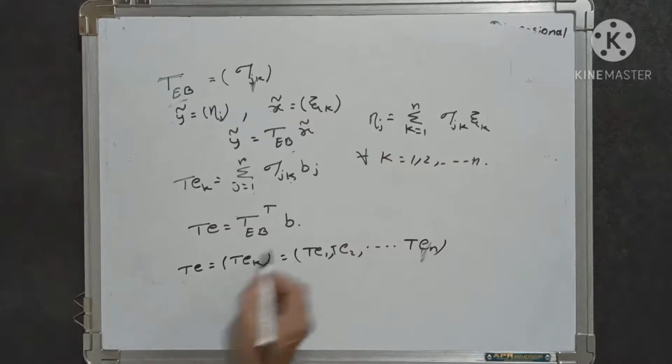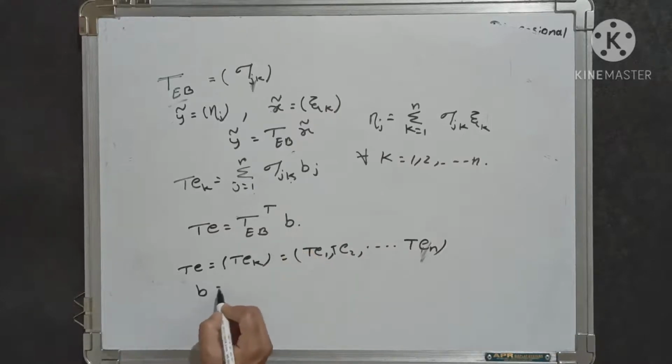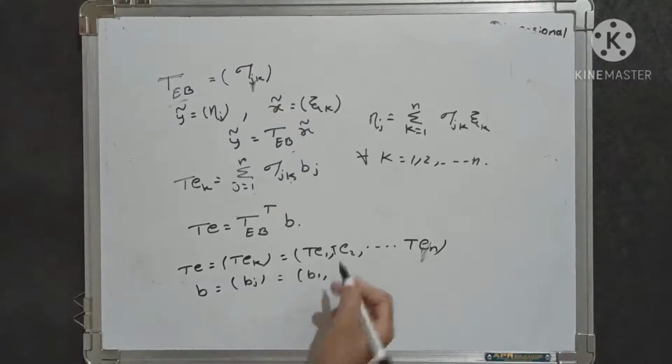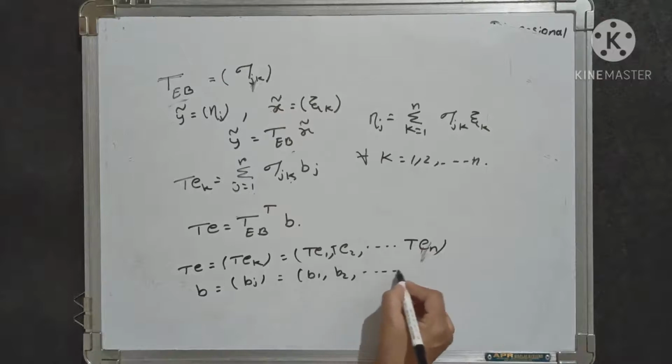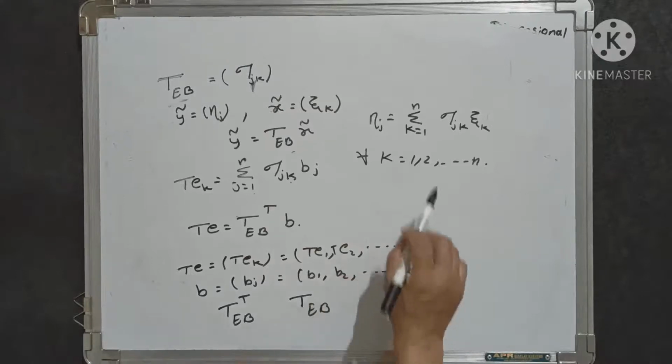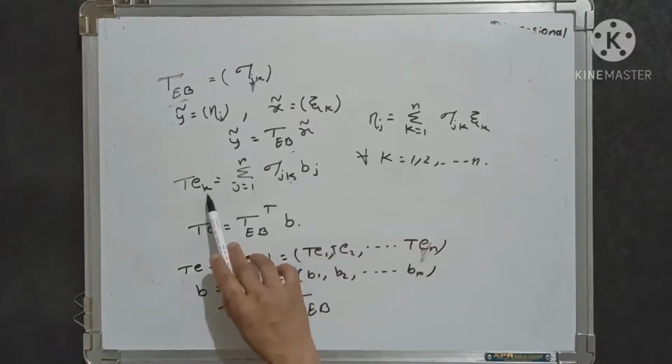In the same way, B is also a column vector with components b_j, equal to b_1, b_2, up to b_r. And we write the transpose of the matrix T_EB, because in (3b) the sum is taken over j.